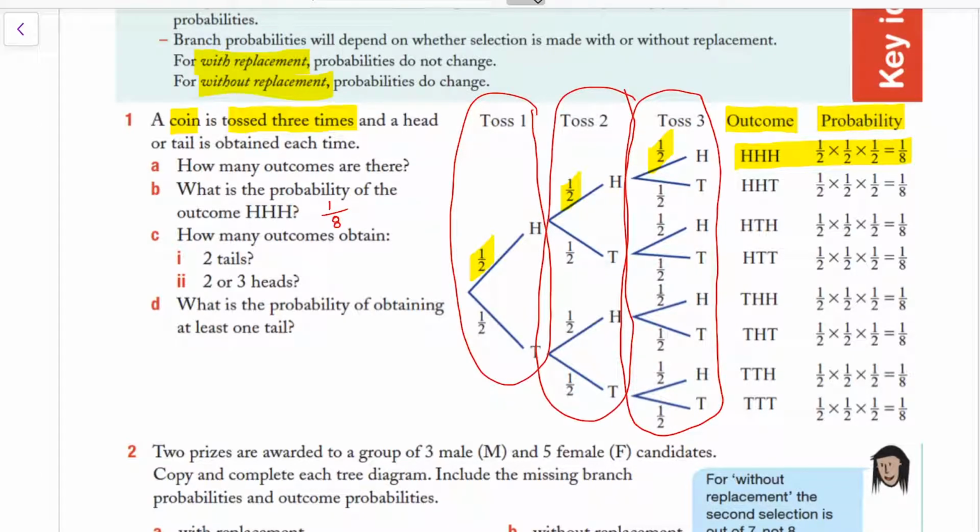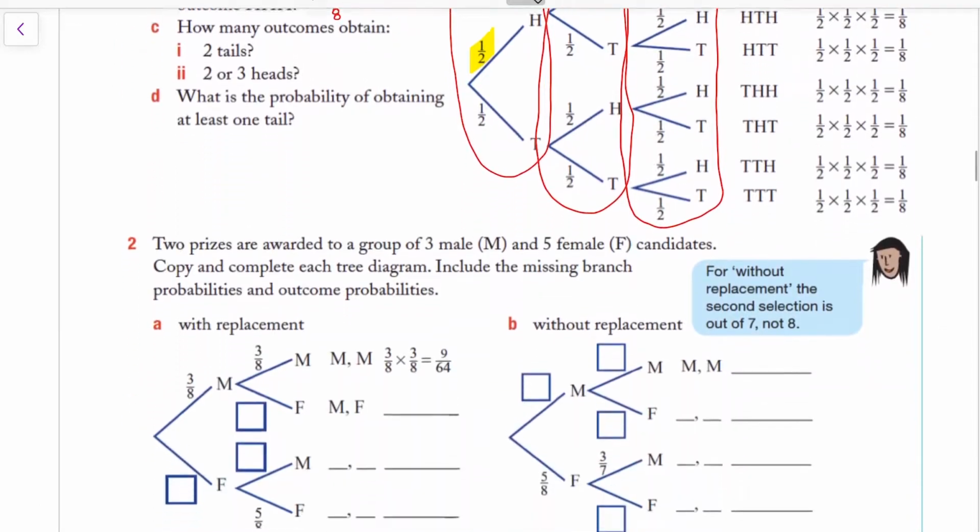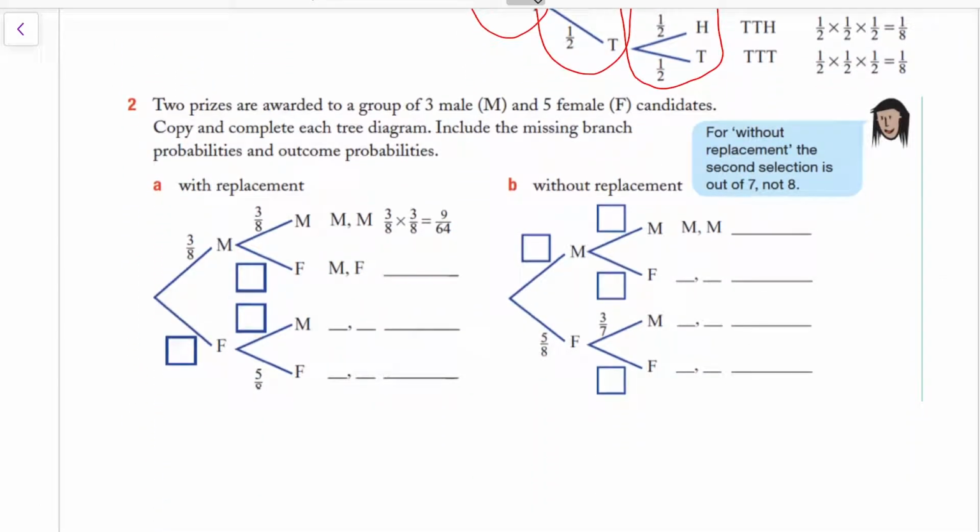Now, if we go through to question number 2, what you can see here is we can actually make the diagram a little bit smaller by looking at what the question has asked and stipulated to us. We can use those fractions a little bit better. So we're awarding 2 prizes to 3 males and 5 females.